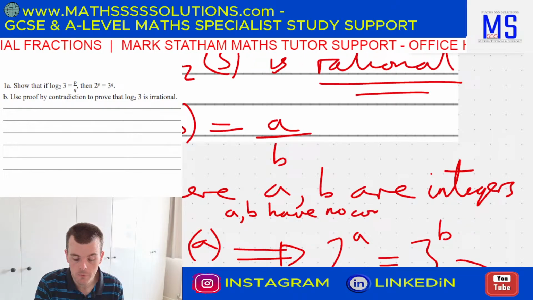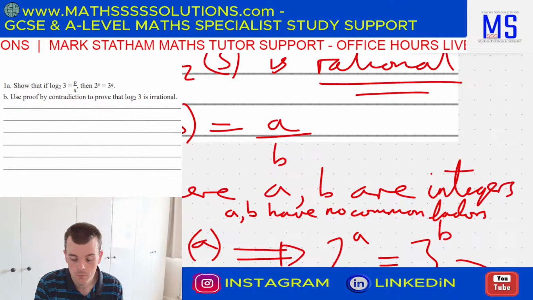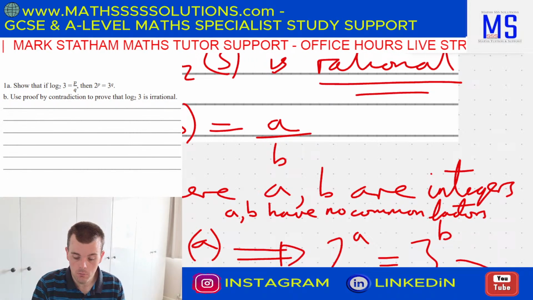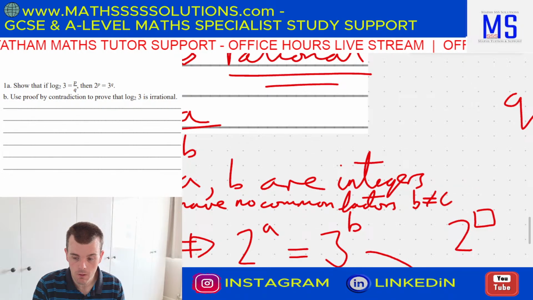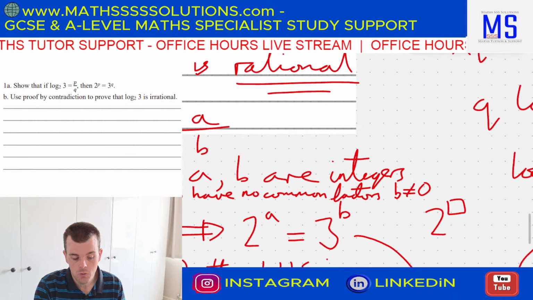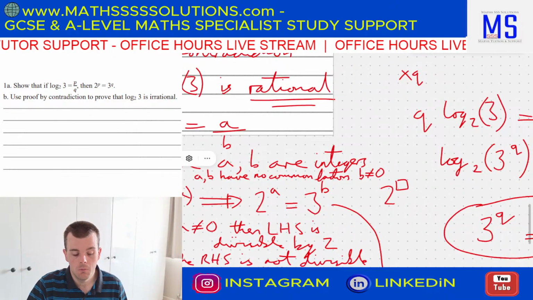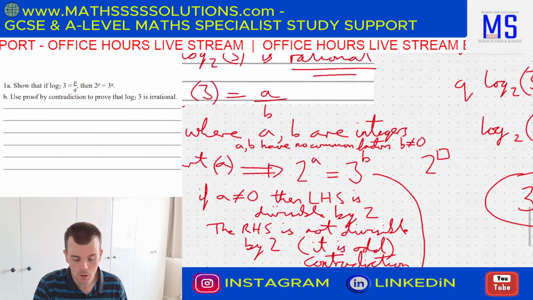And you could put b not equal to 0. And that's where the contradiction comes, because you can't have 0 divided by 0, for a and b cannot both be 0.